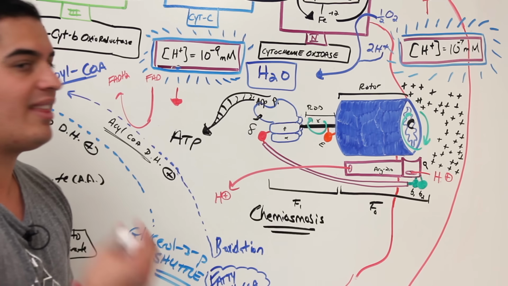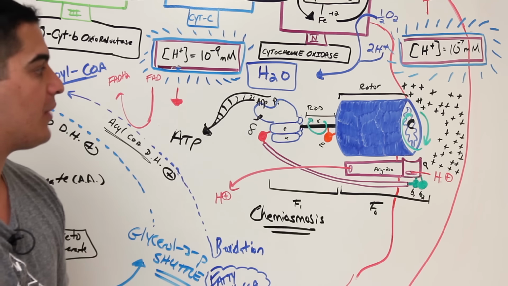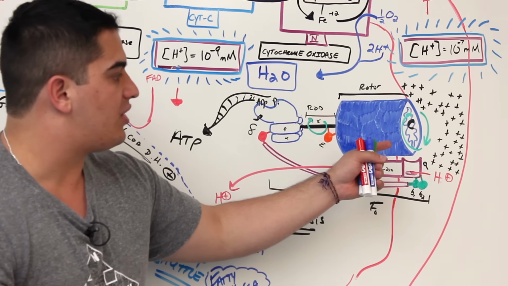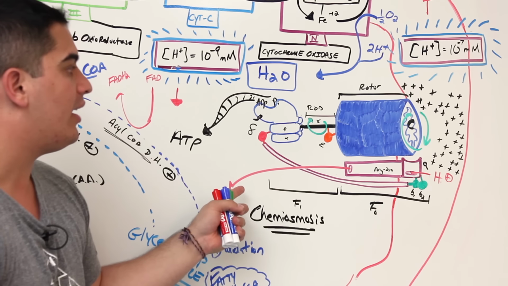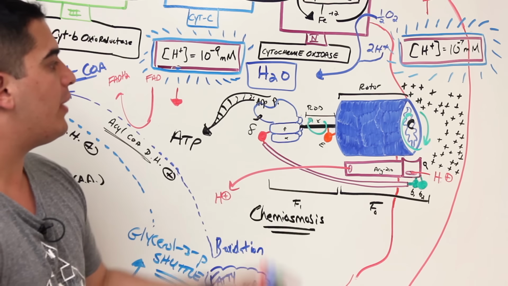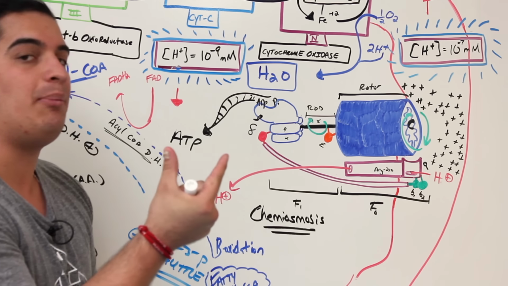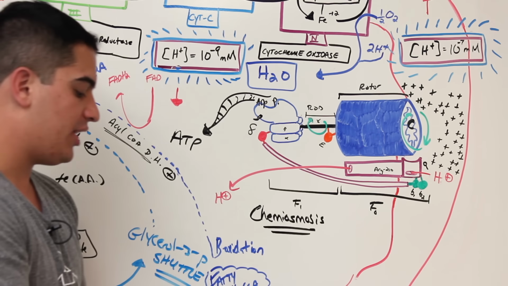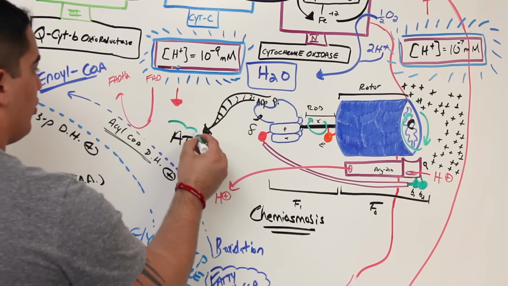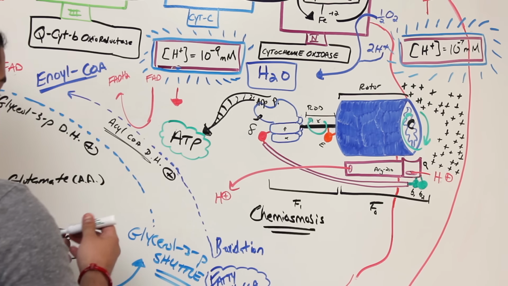As it does that, the theory of chemiosmosis says that whenever this protomotive force is developed and the potential energy absorbed from protons moving down their gradient is established, it takes the ADP and the inorganic phosphate and fuses them together to make ATP. You know what this process is called?